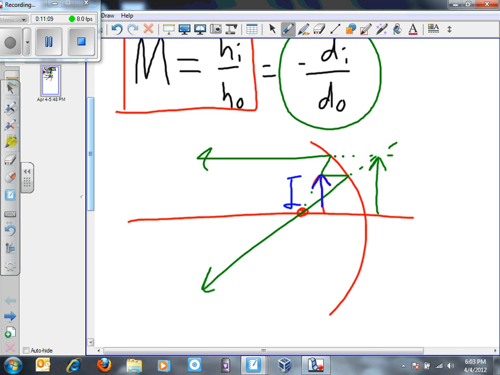If we call this direction a positive number, then the height of the object is a positive number. Now this is kind of like vectors. If the image is on the same side of the principal axis and going in the same direction, we call that height of the image positive. And if that's the case, then we get a positive magnification.